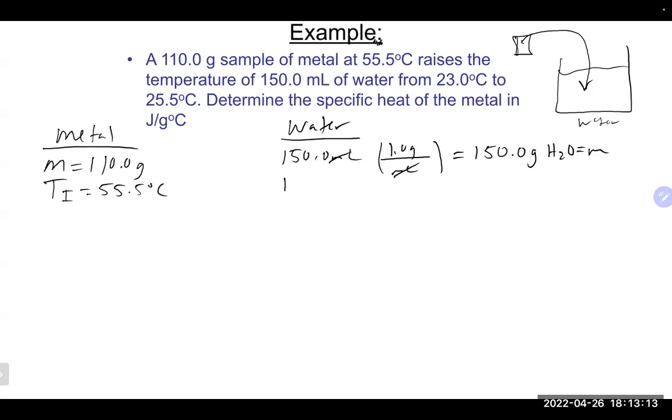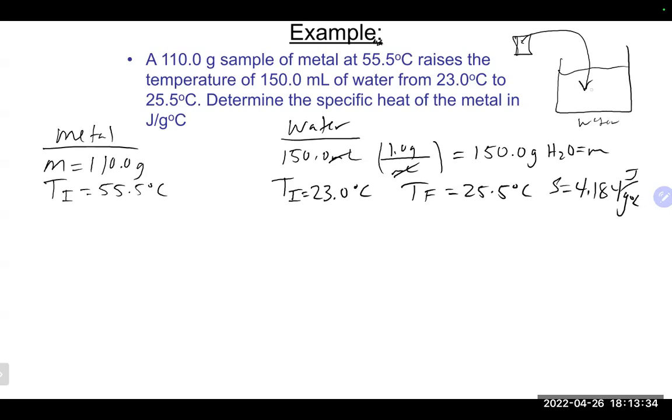We have the initial temperature of our water, which was 23 degrees Celsius. Our final temperature of the water ended up being 25.5 degrees Celsius. And remember, we always have the specific heat of water, which is 4.184 joules per gram per degree Celsius.